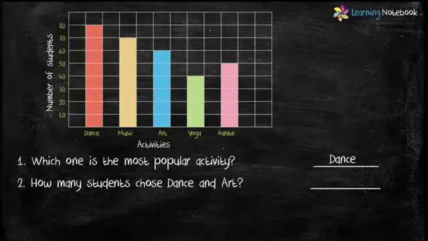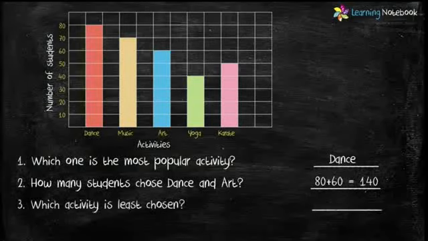It is representing 80 students. And bar for art is representing 60 students. So let's add 80 and 60. We get the answer as 140.